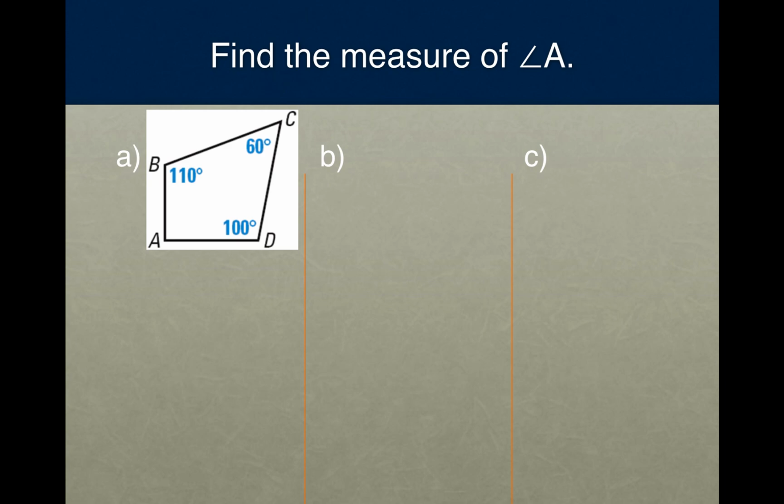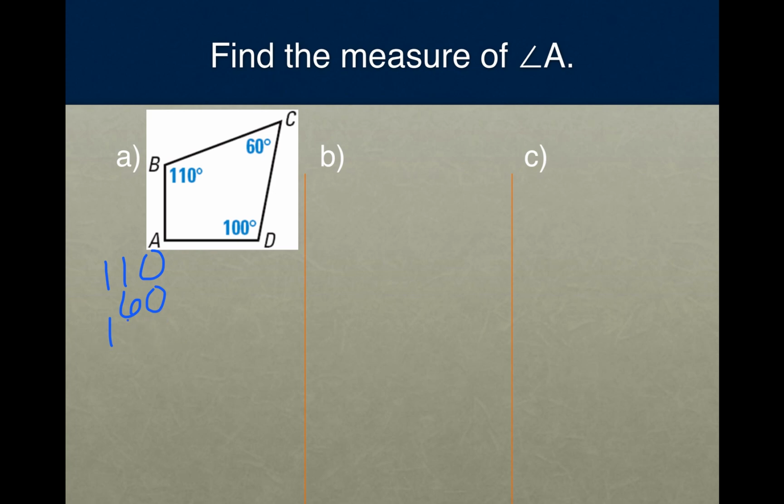So I have quadrilateral A right there. I need to find the measure of angle A. We know what angle B and angle C and angle D are, but we need to find angle A. First of all, the sum of my first 3 angles would be 110 plus 60 plus 110. Oh, whoops. I messed up when I was writing it down. Go back.